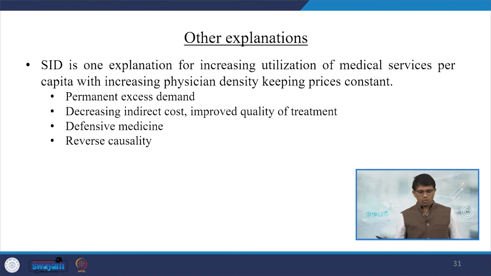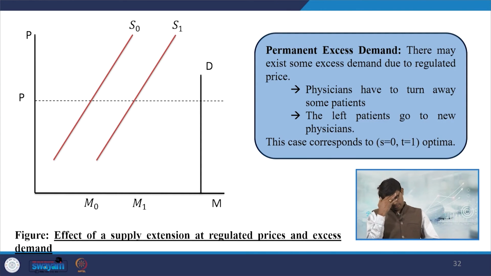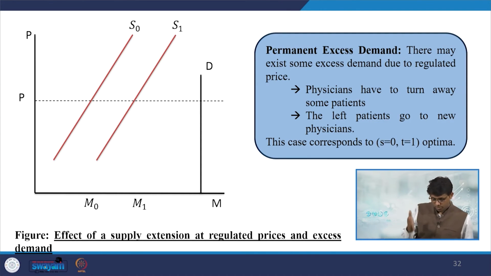SID is one explanation for increasing utilization of medical services per capita with increasing physician density, keeping prices constant. This indicates permanent excess demand, decreasing indirect cost, improved quality of treatment, defensive medicine, reverse causality, etc. So, if permanent demand is higher, then that D is much higher than the induced cases.